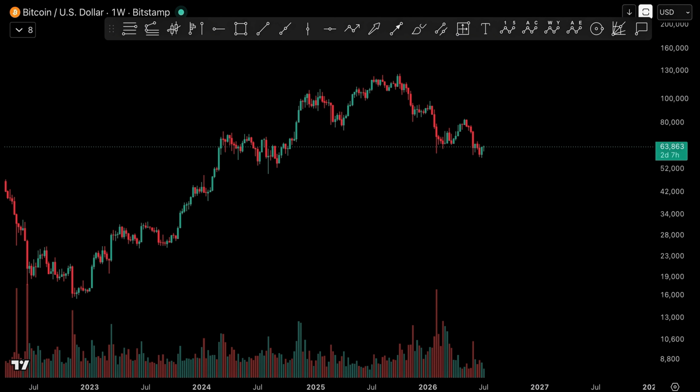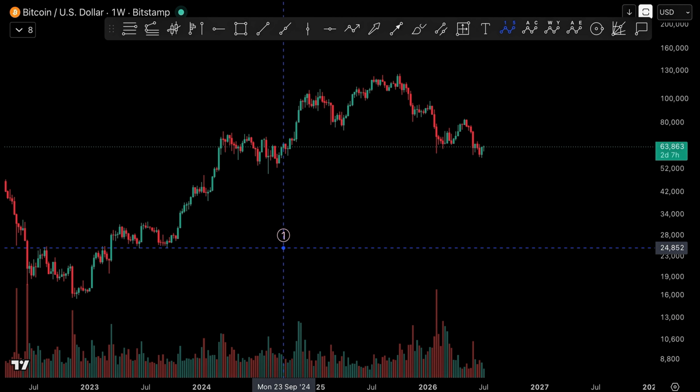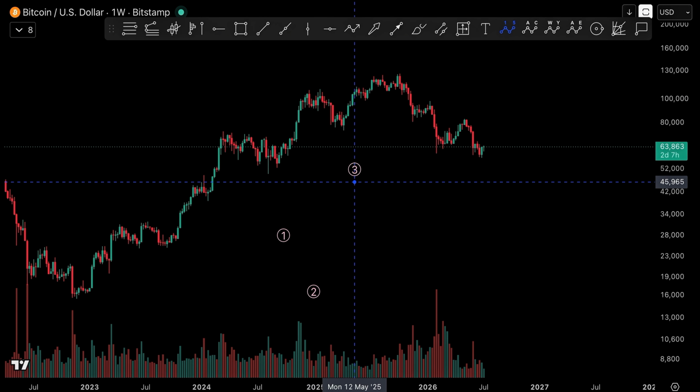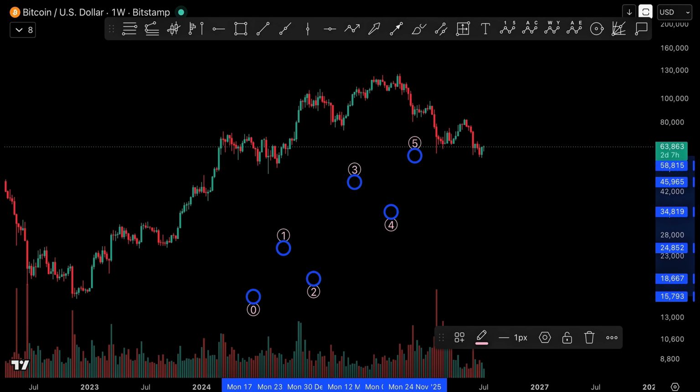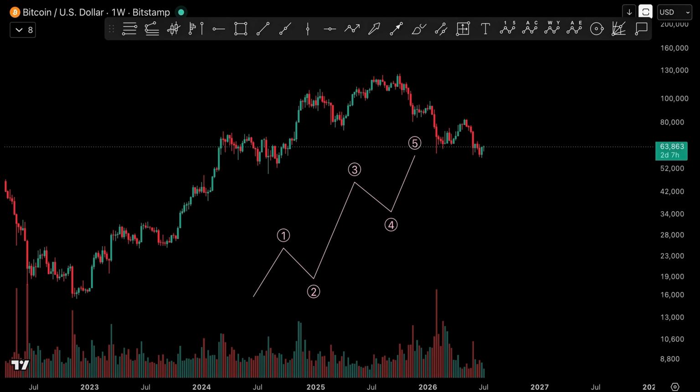So moving on to the Elliott wave structures. If it is an impulsive move up, then we have a 1, 2, 3, 4, 5 as a 5-wave move up. Because if a bull market begins, then you get these types of structures which have 3 impulses in a 5-wave move.